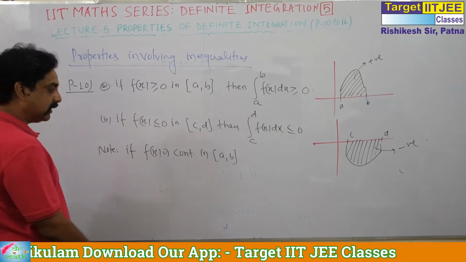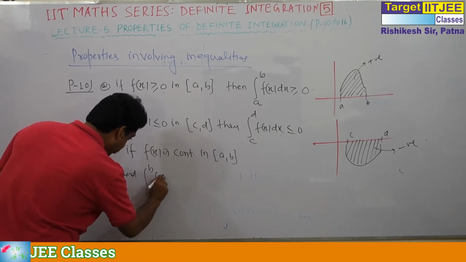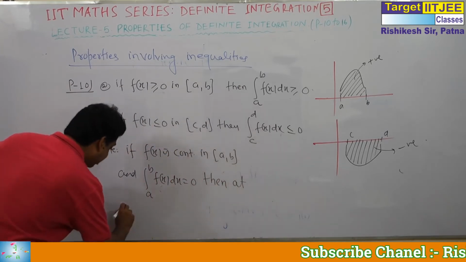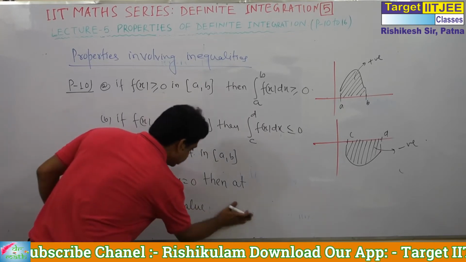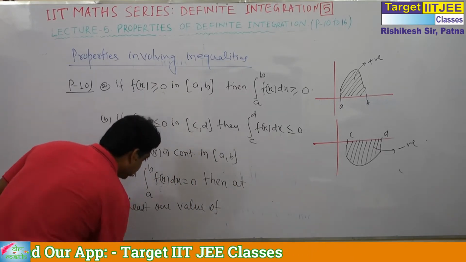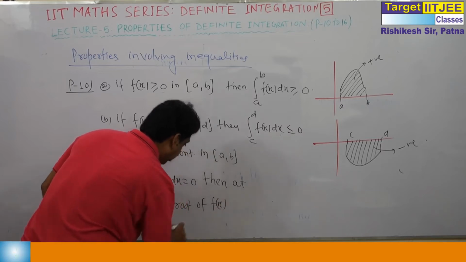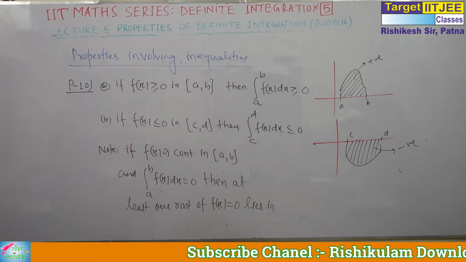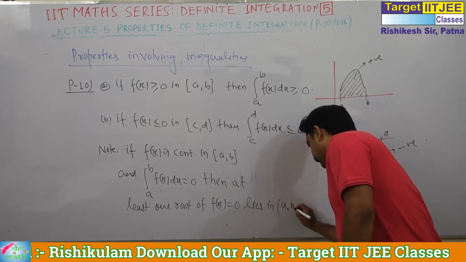If f(x) is continuous in [a, b] and integral a to b f(x) dx is equal to 0, then at least one root of f(x) equal to 0 lies in (a, b).